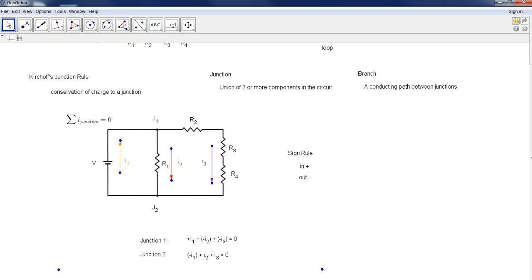The application of both rules together is that we will be able to solve a circuit.